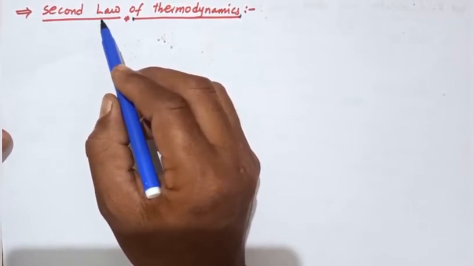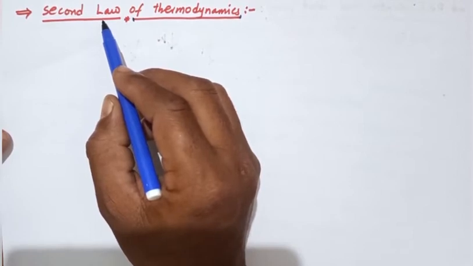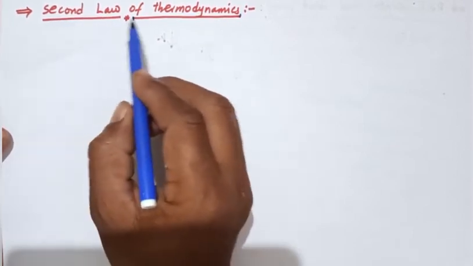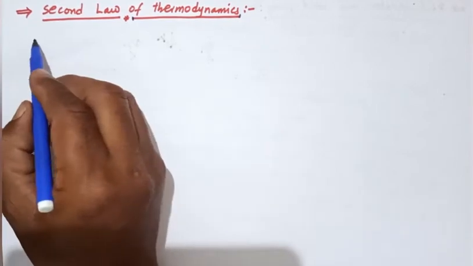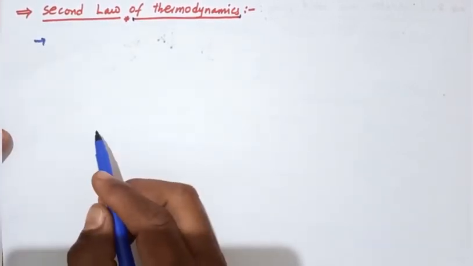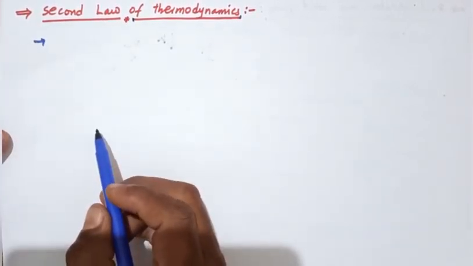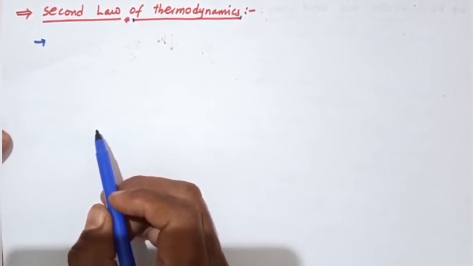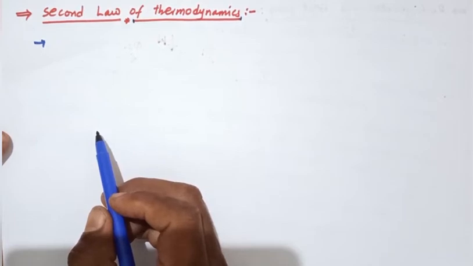The first law of thermodynamics explains the conservation of energy. Now the second law of thermodynamics explains the fundamental limitations on the efficiency of a heat engine and the coefficient of performance of a refrigerator.